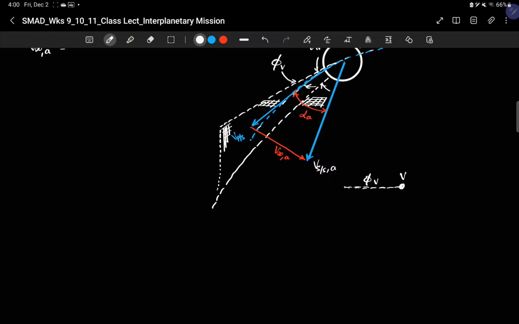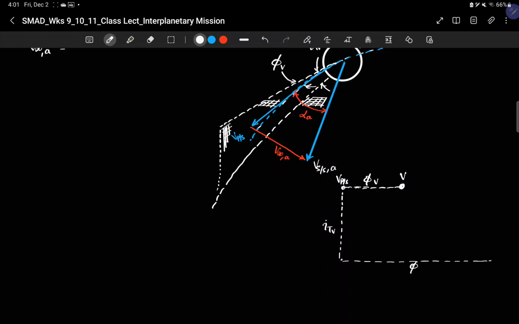This is the velocity vector of the planet with respect to the sun, coming out of the plane of this paper, and below this, at an angular position, is the spacecraft, which is at a certain distance and is angularly measured as phi of the spacecraft.